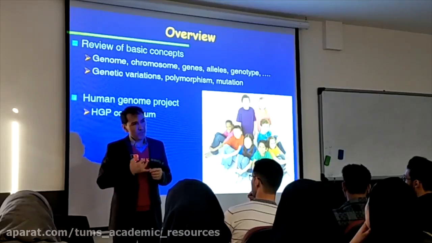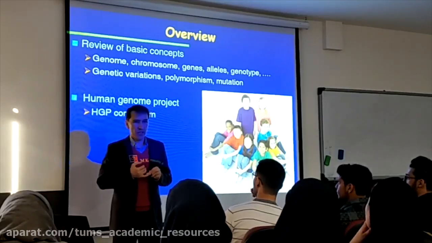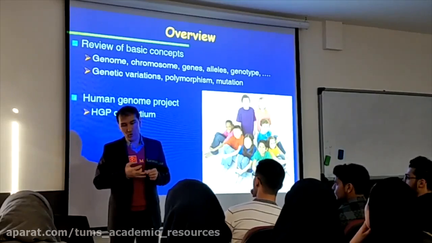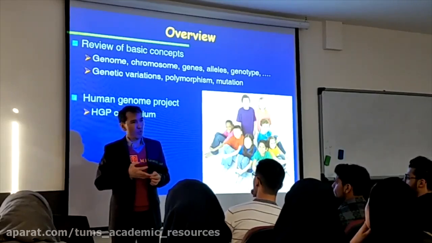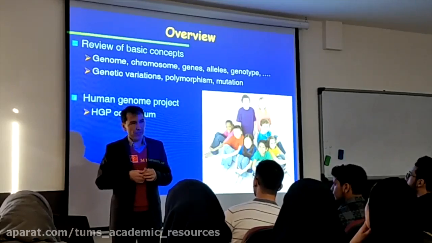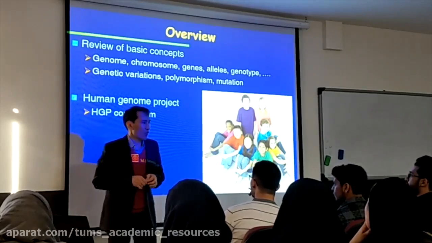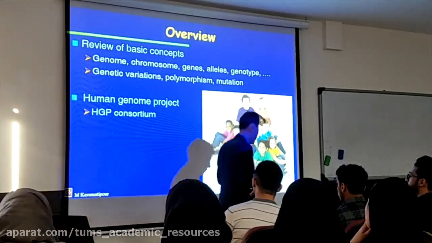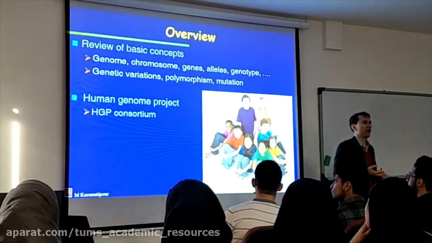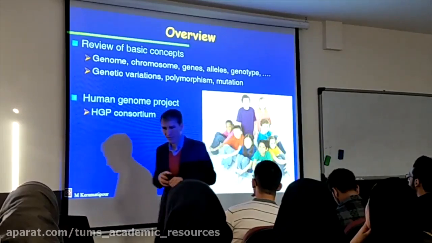So what I expect at the end of the lecture is that you know what is genome, the question that I asked first. I want you to know what is chromosome, what are genes, what is allele, what is the genotype, and the connection with the phenotype. You should be able to define what is genetic variation and the importance of this genetic variation in controlling human phenotype.